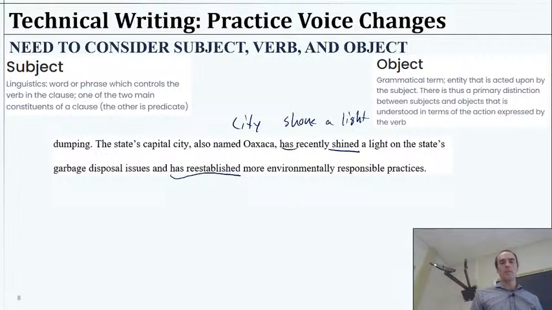So this is probably not actually passive in terms of the technical, but I don't think it needed to be this "has shined," right? It could just be past tense. So this is probably me mistaking this "has shined" for passive, and it might have just been bad grammar. Or maybe I just don't know enough grammar to say what exactly it is.